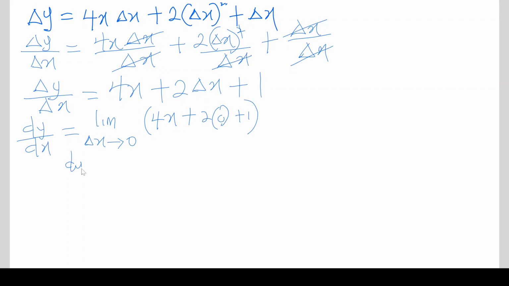So dy dx equals 4x plus 1, because 2 times 0 is 0. So dy dx equals 4x plus 1.